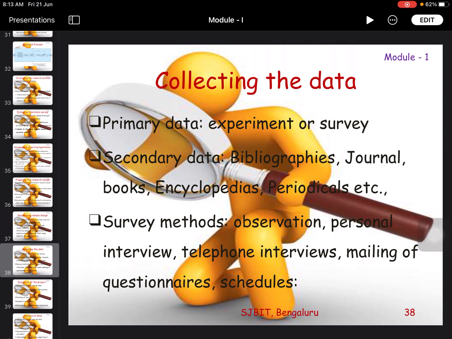Collecting data could be from other sources, such as encyclopedias, journals, bibliographies, books. Telephonic interviews, personal interviews, questionnaires through the mails, schedules. It is possible to collect the data.